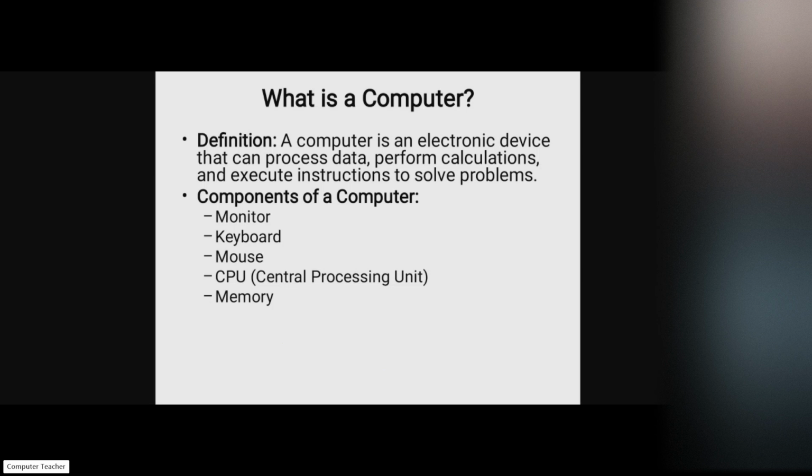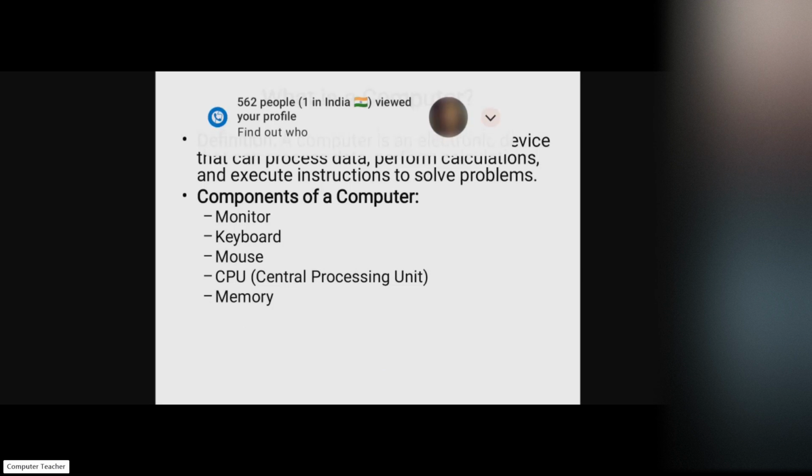A computer works on the data we give it. Information is something different and data is different. Information is, for example, saying that a phone number has 10 digits; that is passing information.